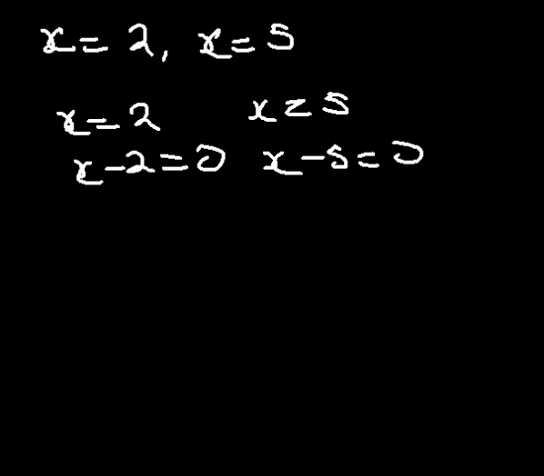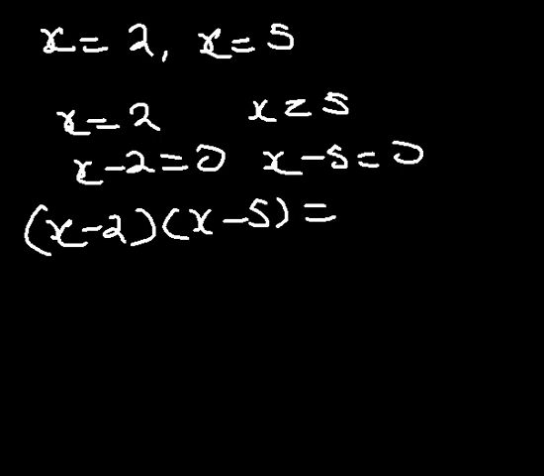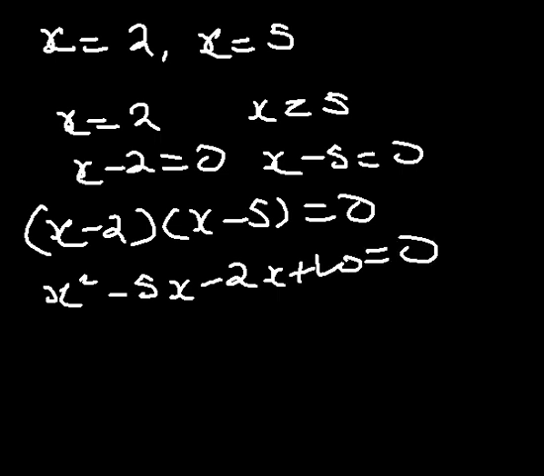So in this case it is the same as having x minus 2 times x minus 5 is equal to 0. Since both are the factors of the quadratic equation to be developed, now we are going to expand this, so we have x squared, minus 5x, minus 2x, and plus 10, which is equal to 0.